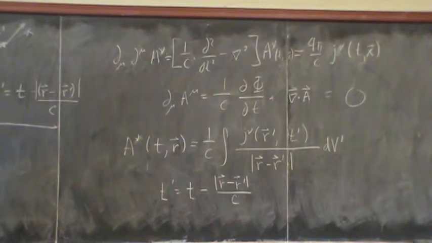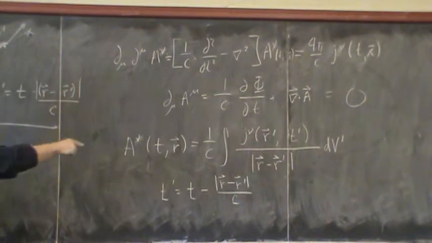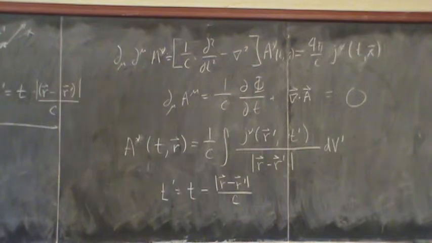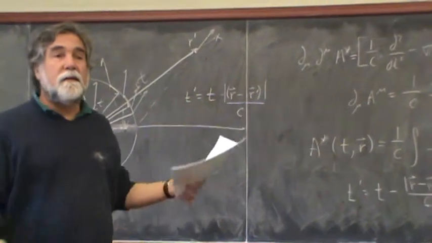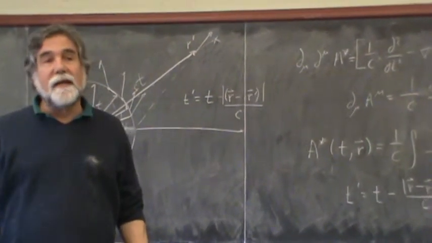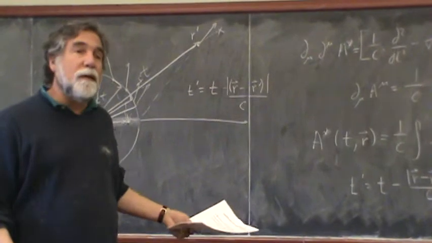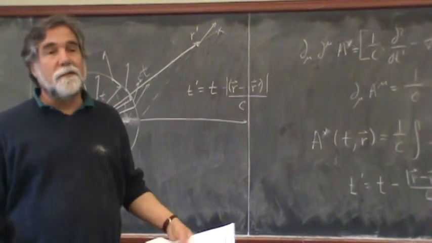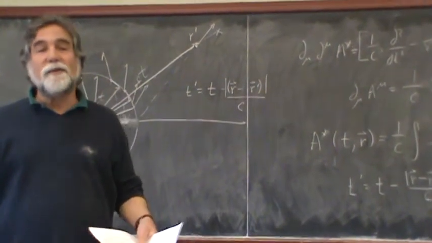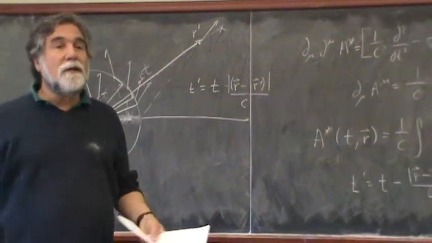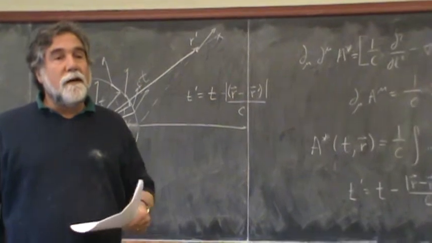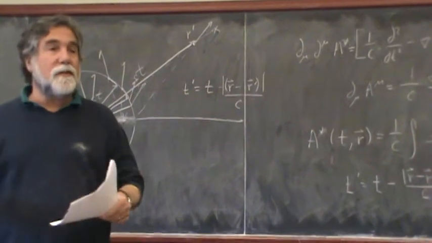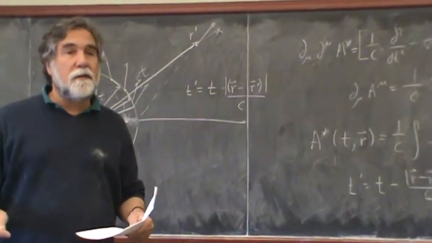Okay? So if this is true, then this is going to satisfy the wave equation, then we can solve for the fields. And what I'm going to tell you now is that in the work that we're going to do at the beginning of the next class, that will be shown to be plausible. I won't actually do all of the arithmetic, but I'll show you some of the tricks that are involved in order to demonstrate that this is reasonable.